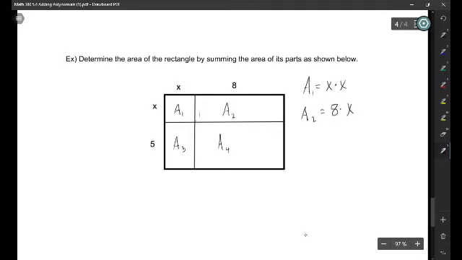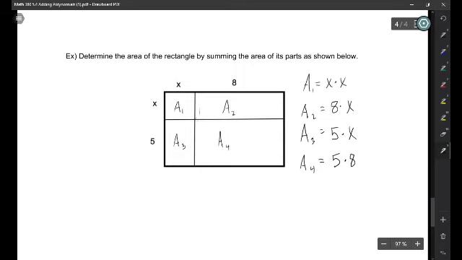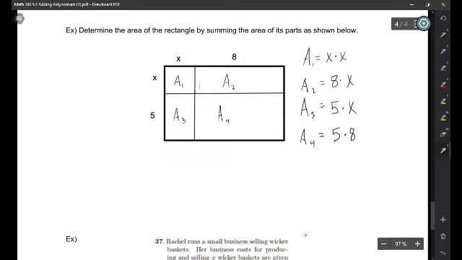Then area 3 is 5 times x. And lastly, area 4 has sides 5 and 8. So 5 times 8.